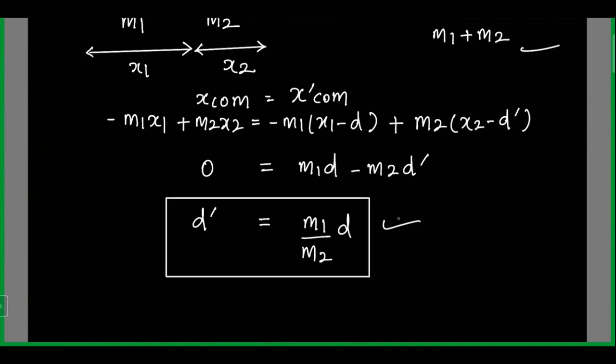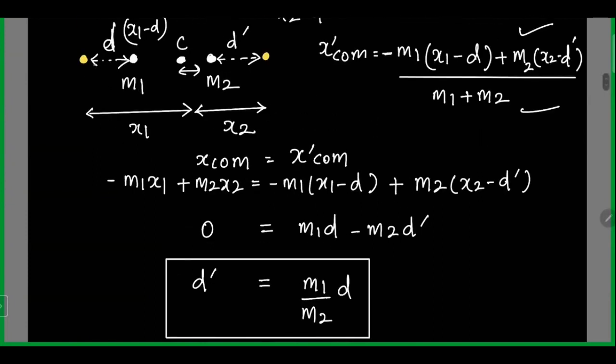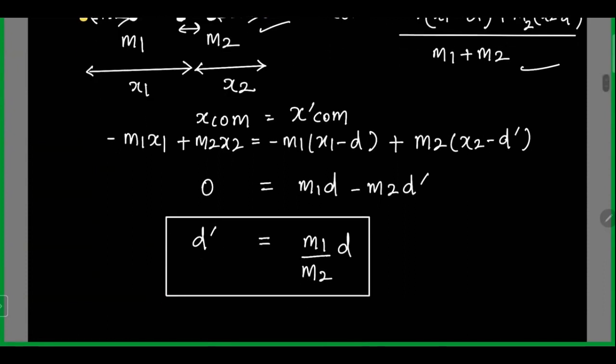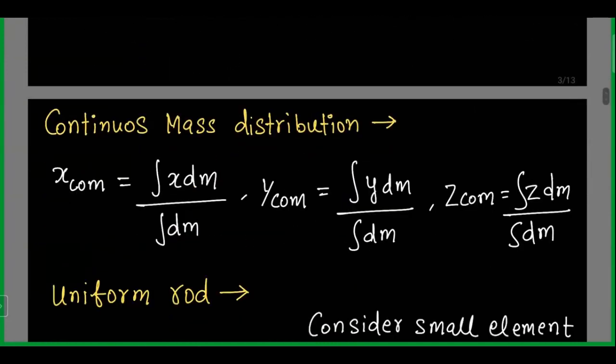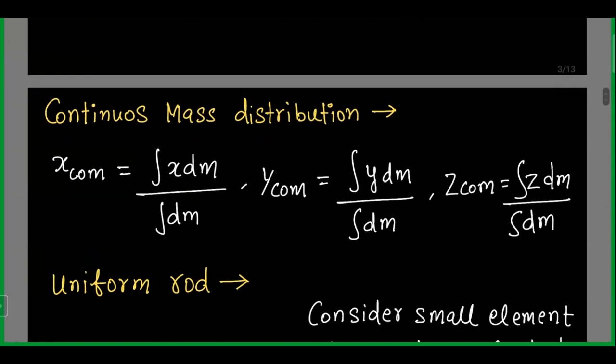So if the mass m1 moves by distance d, then m2 has to move by distance d dash to make sure your center of mass remains at the same position. This is a very good question to understand the physical picture. Now, this was the center of mass for discrete bodies.